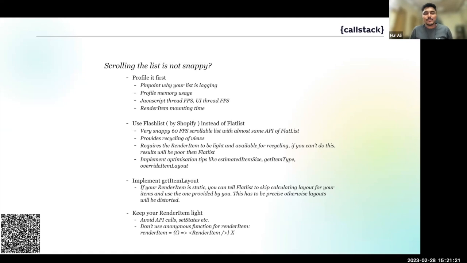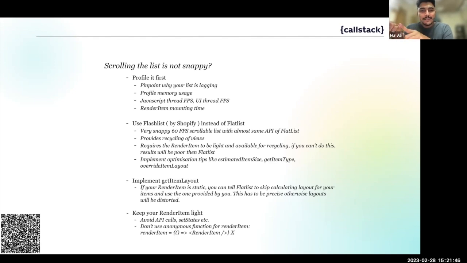Okay, so the most common issue is that the scrolling list is not snappy. It is very laggy, so how do we approach that scenario? This is the most common issue, because almost every app has a list, right? So the first thing is to profile it first.